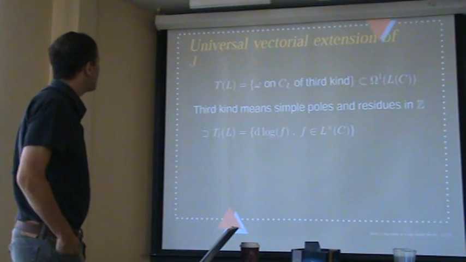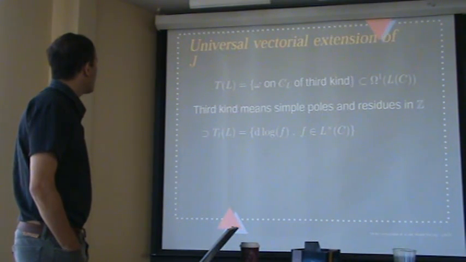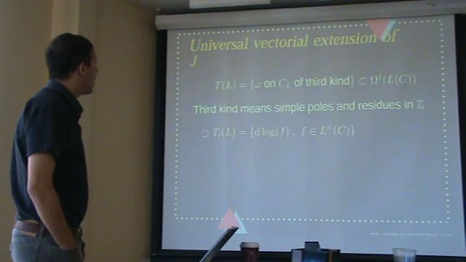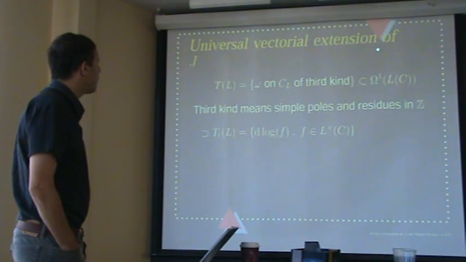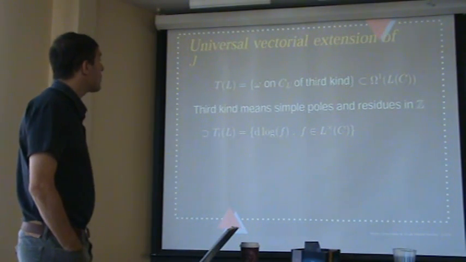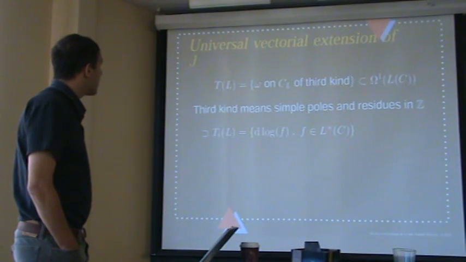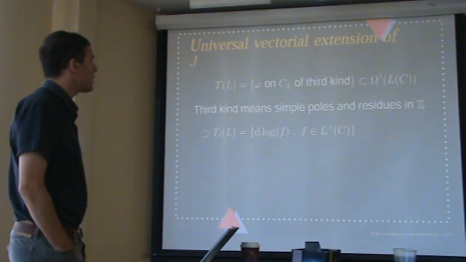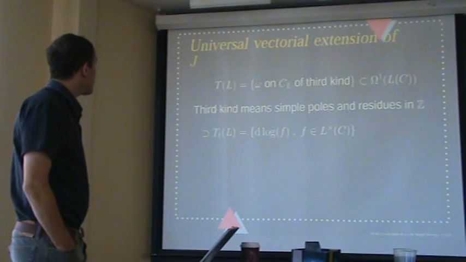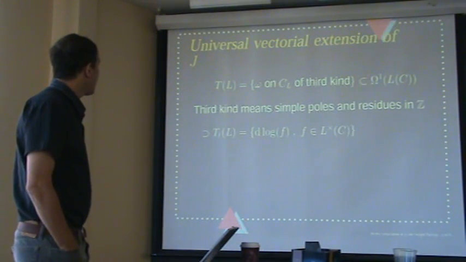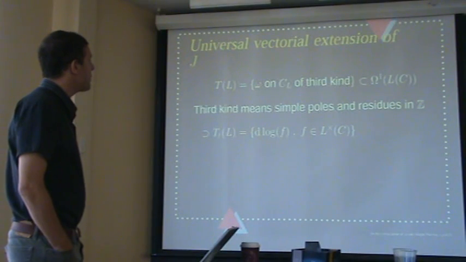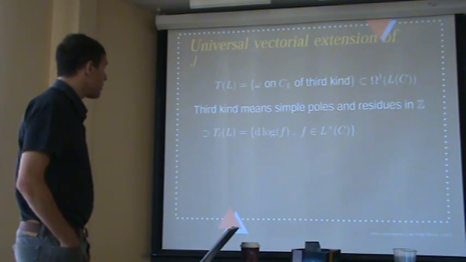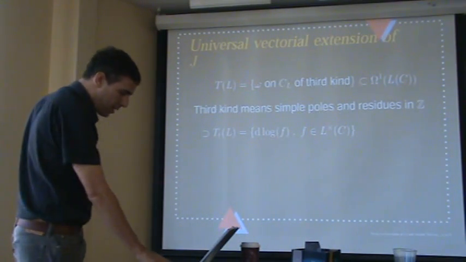Here C_L is C tensor L. You look at all forms of the third kind, which is a subspace of all the meromorphic forms on C extended to L. Third kind, for those who don't know, means that it has simple poles and all the residues are integral. Inside the space of forms of the third kind, there's the space of logarithmic forms, which just means that you take a rational function and you take its d log. Certainly that falls in this space.